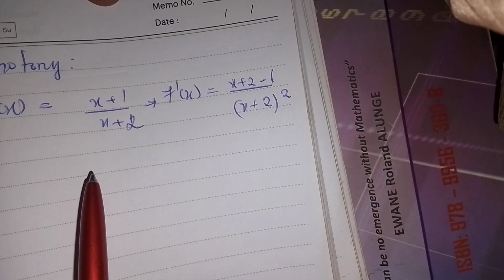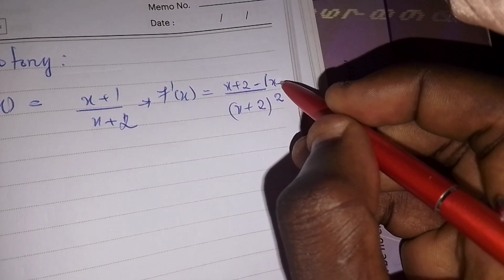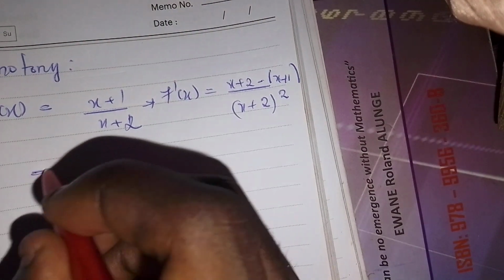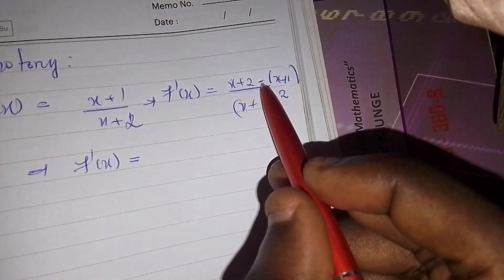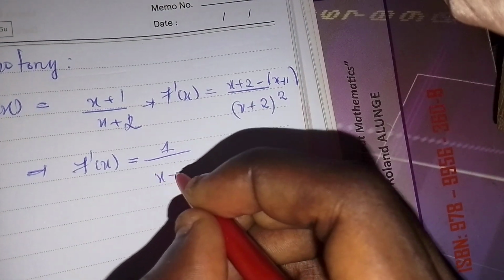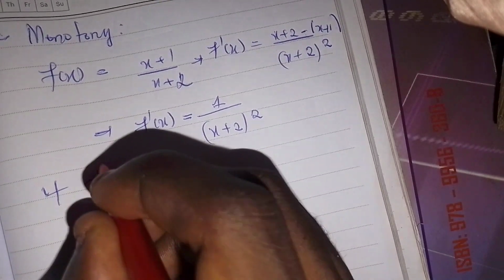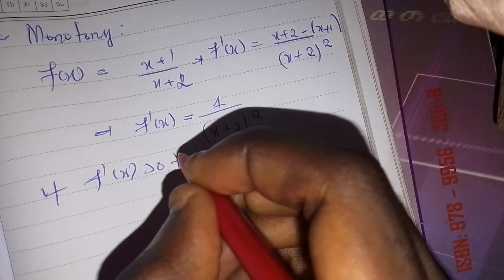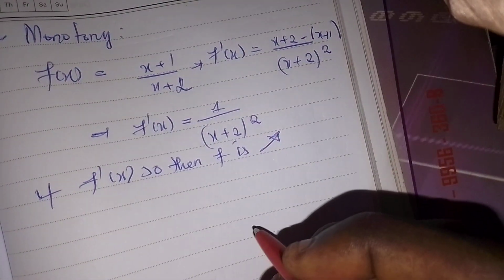Now we have to keep the numerator x plus 1 and differentiate the denominator. We are just going to have the x plus 1. Now it therefore means that f prime of x is equal to x minus x is 0, 2 minus 1 is 1, so we have 1 divided by x plus 2 all squared. Now if f prime of x is greater than 0, then f is strictly increasing.